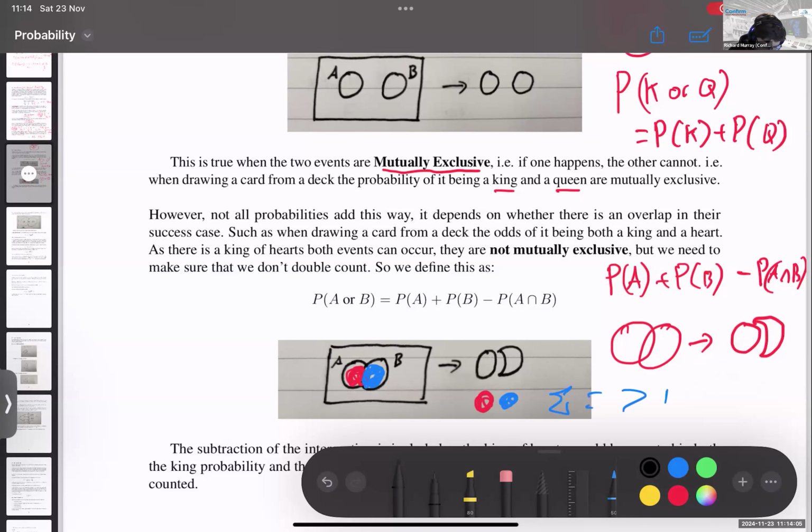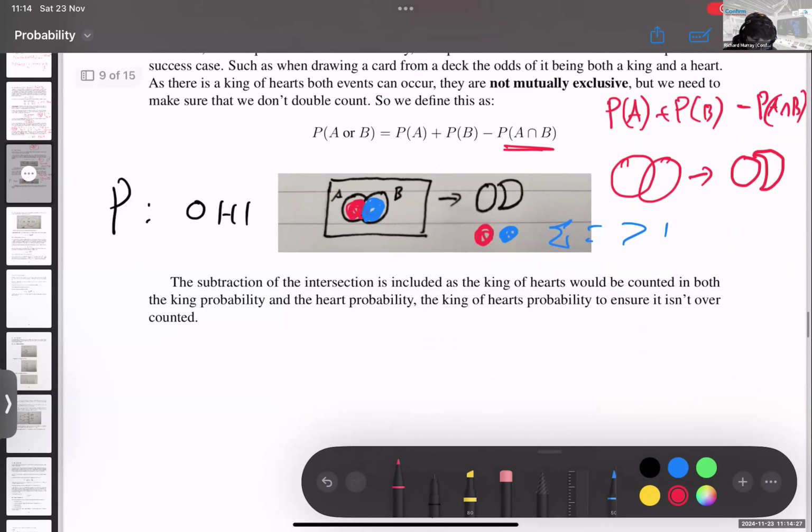But we know that our probabilities exist between 0 and 1. So if we don't account for this overlap, we're going to have a probability that is bigger than what probabilities are defined for. So we need to just make sure that we account for things when they are not mutually exclusive by removing the overlap.